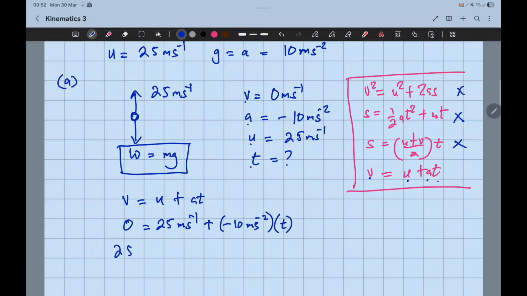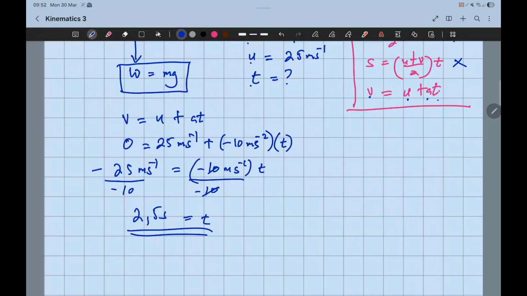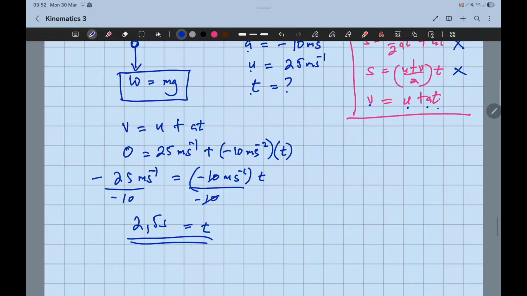So we need a negative 25 meters per second equal to negative 10 meters per second squared by T. You can divide both sides by negative 10. So our T is equal to 2.5 seconds. So this is the answer, your time to the greatest height.